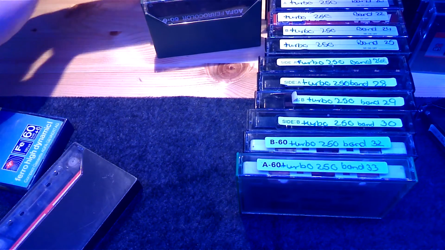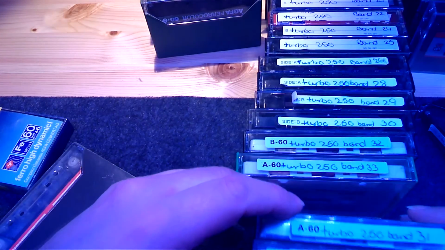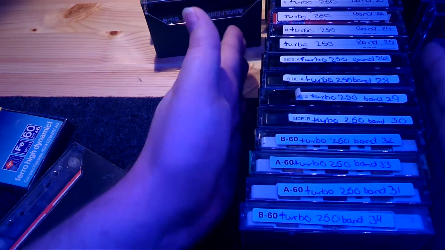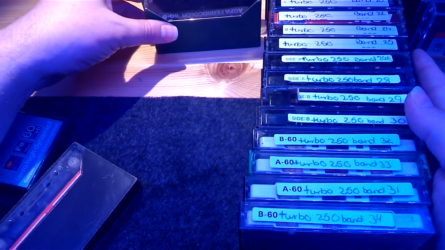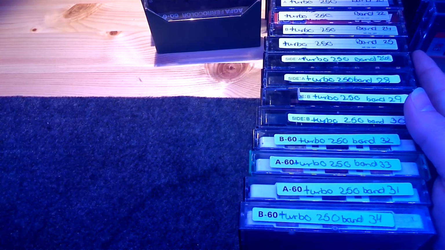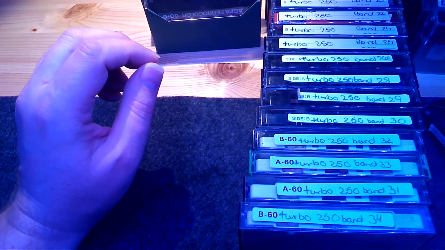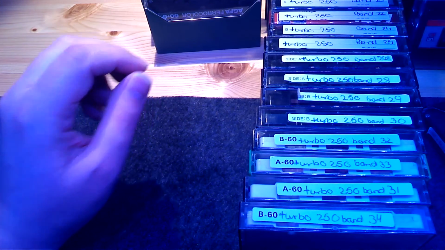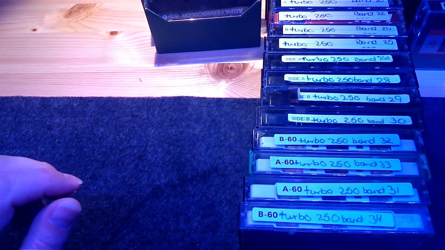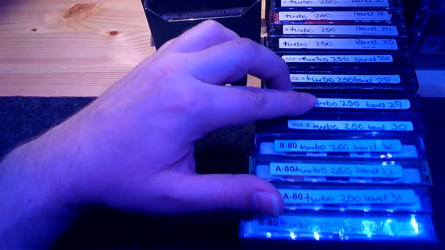I just realized that we have ten, yeah, and this is the 4, 3, 4, 5. No worries if they tilt, it's just to tilt them back up again.